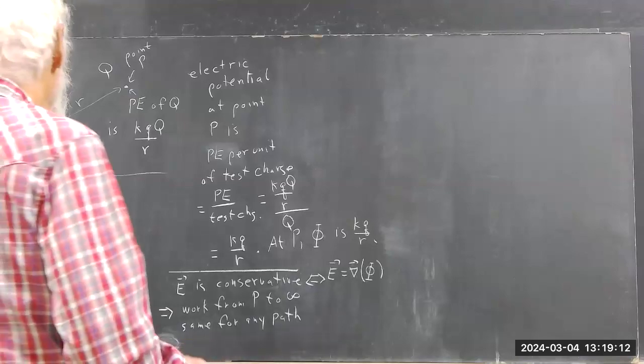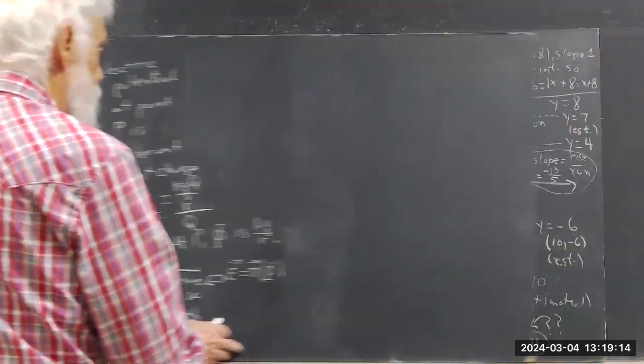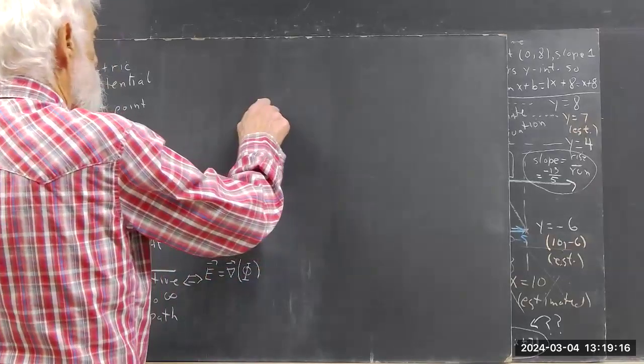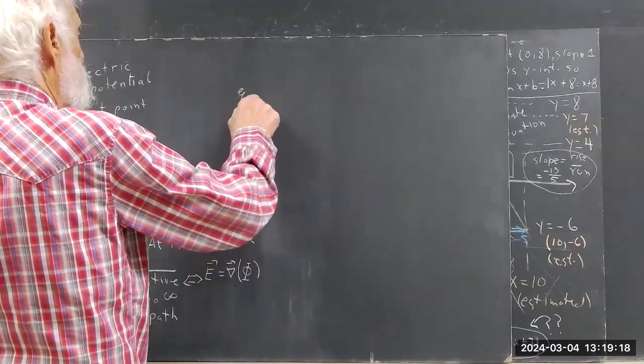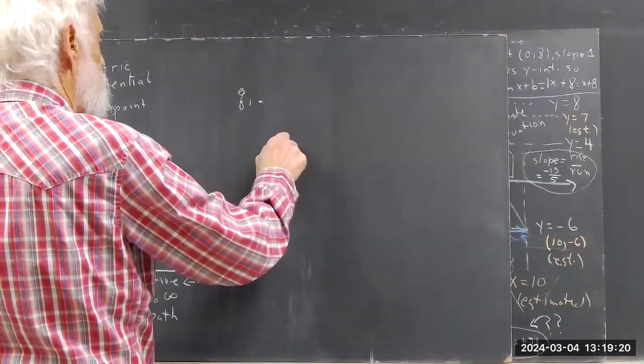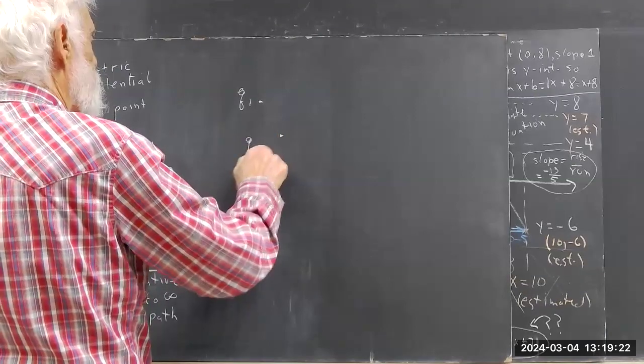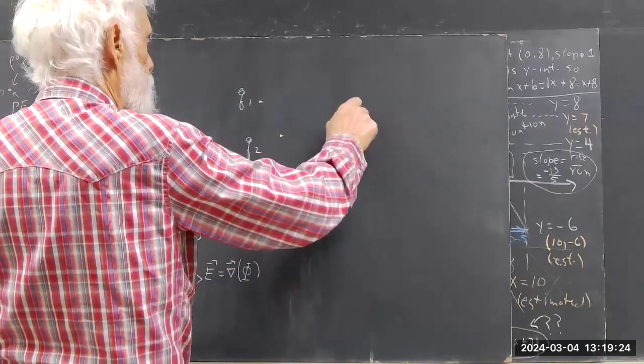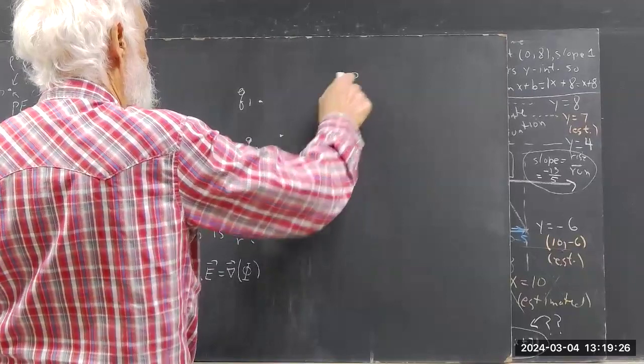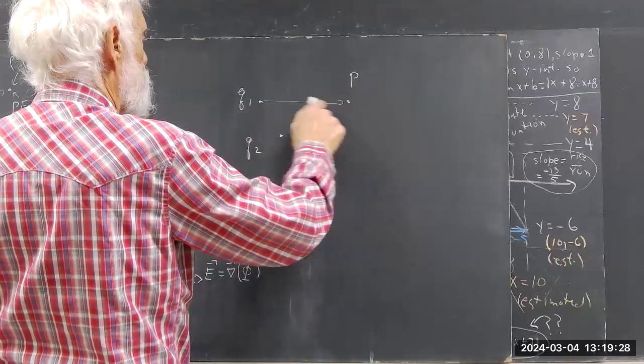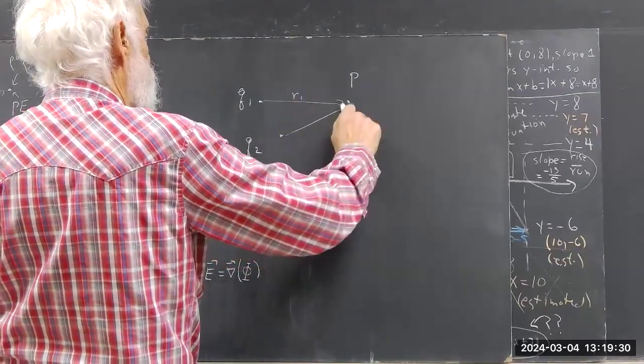So now, if we have two charges, one, two, we have some point P. This distance is R1.